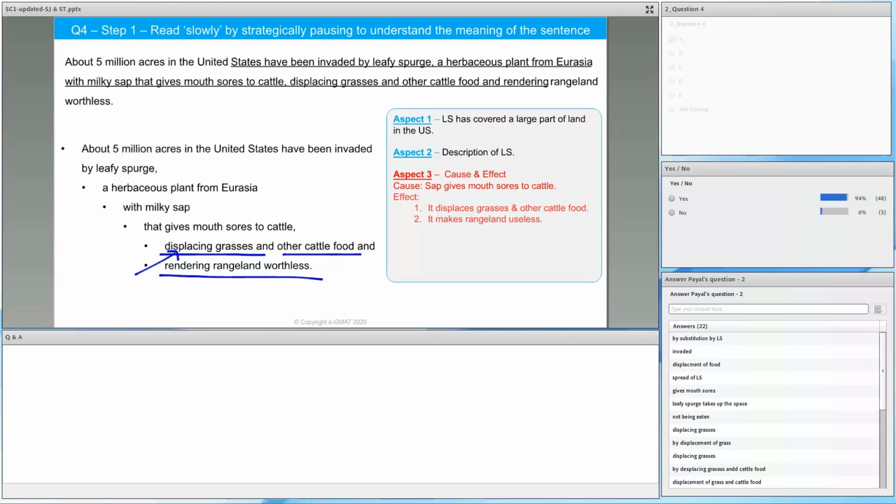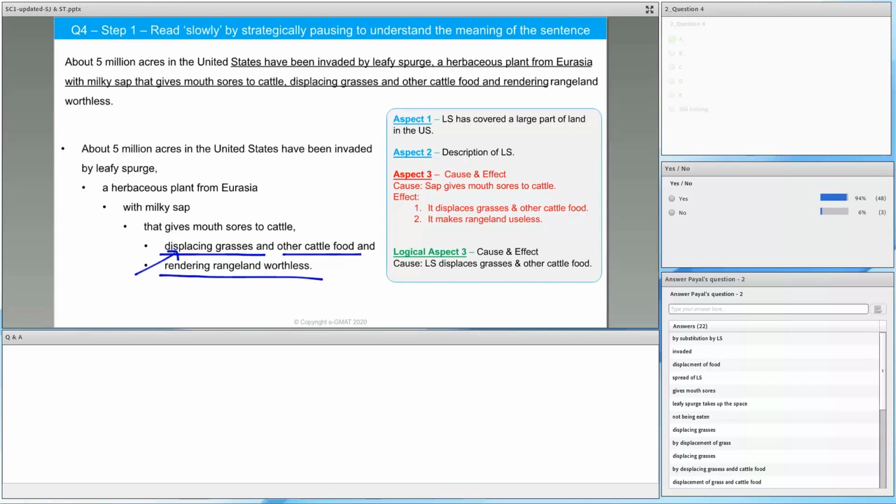So when the leafy spurge displaces grass and other cattle food, the entire grazing ground becomes useless, because now the cattle cannot eat that plant in those grounds.